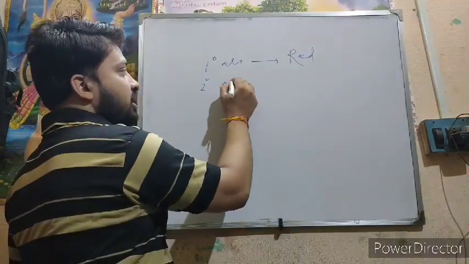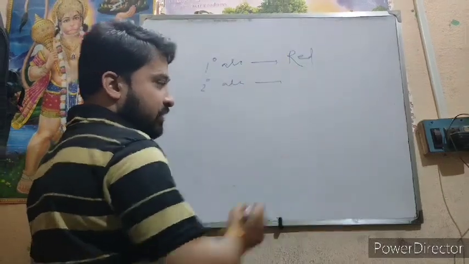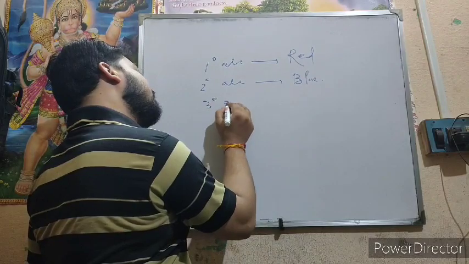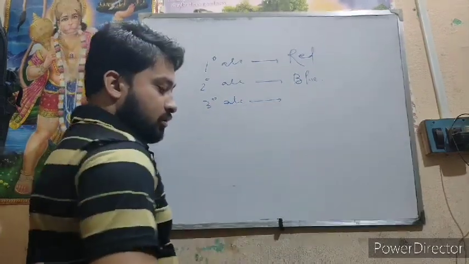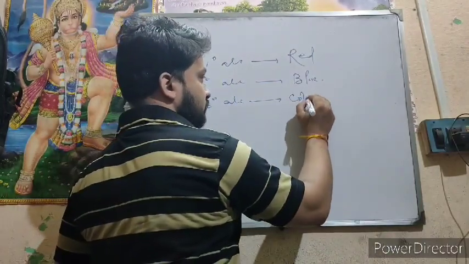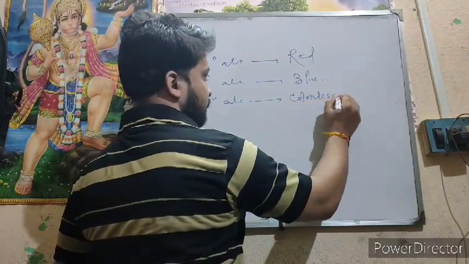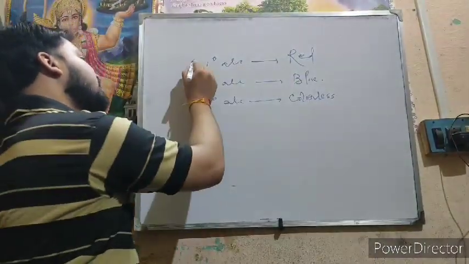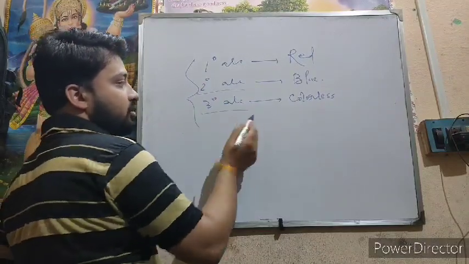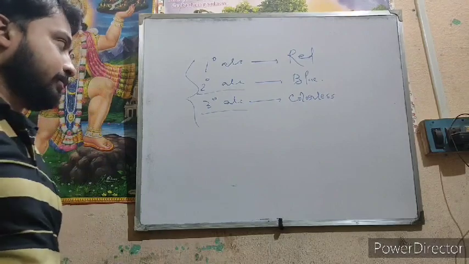If you take 2 degree alcohol, you get blue color. If you take 3 degree alcohol, you get colorless. Okay. If you take 1 degree alcohol, you get red color. If you take 2 degree alcohol, blue color. If you take 3 degree alcohol, colorless.